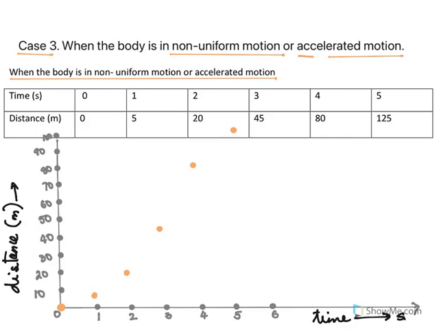Now if you see, it is not a straight line, but it is a curved line. So this is non-uniform motion.